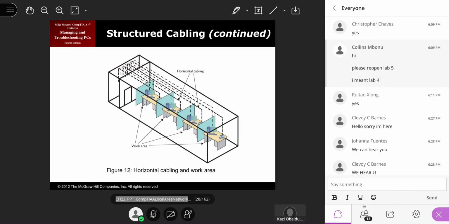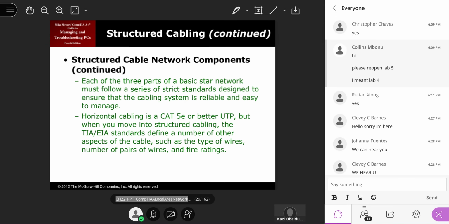Now, structured networking. We are familiar with the category, right? This we discussed in one class. Category 5E cable or better UTP, horizontal cabling.